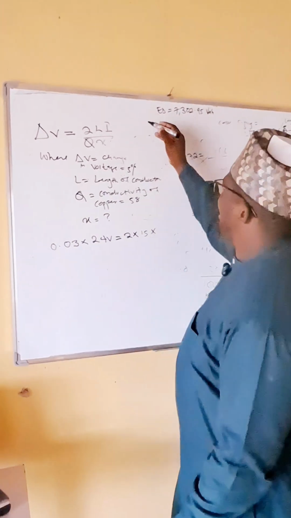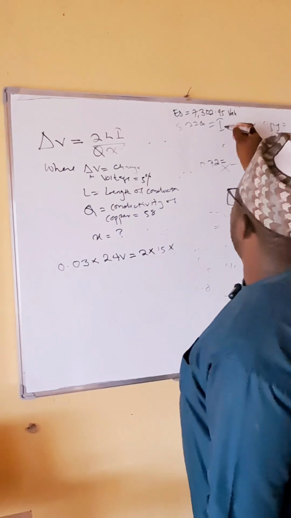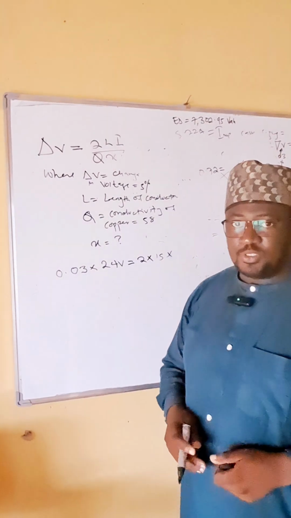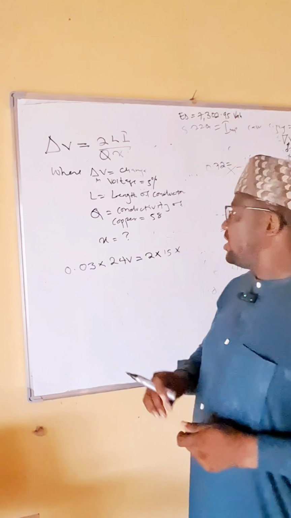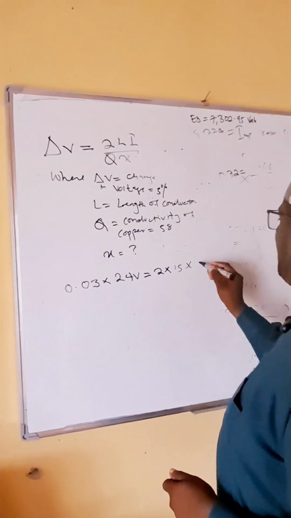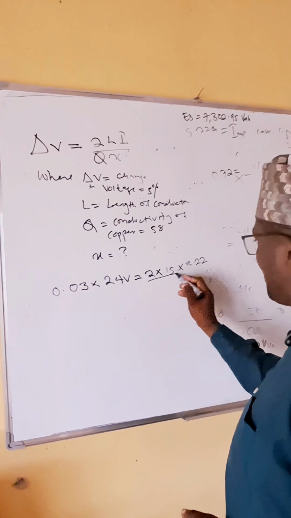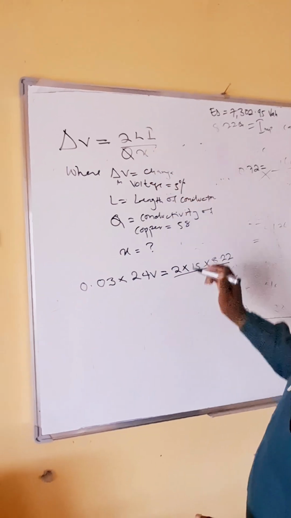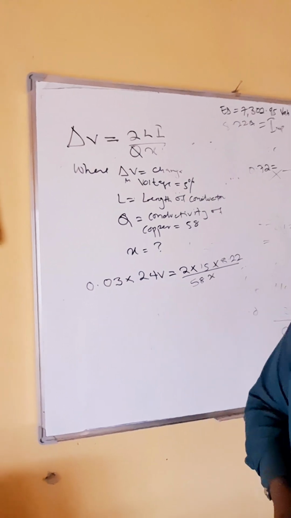If you can remember, we have 8.22 amps as the IMP. During the sizing of the charge controller, this is the current we used, so we have to maintain the same current, which is 8.22, divided by Qx, which is 58x.